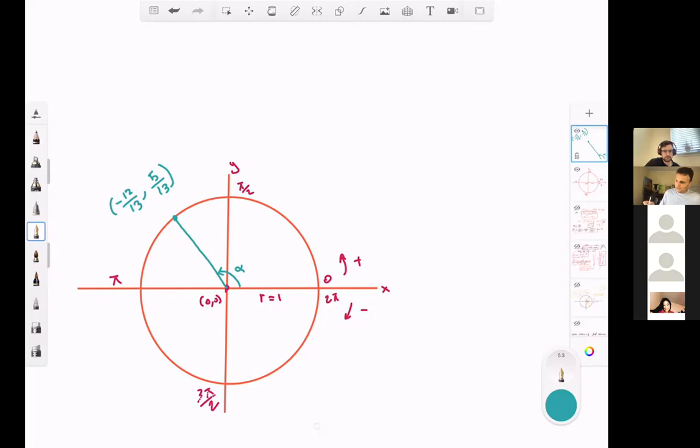That means they are looking for sine of alpha, cosine of alpha, tangent of alpha, cotangent of alpha, secant of alpha, and cosecant of alpha.